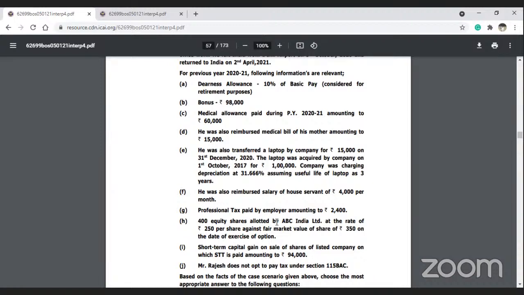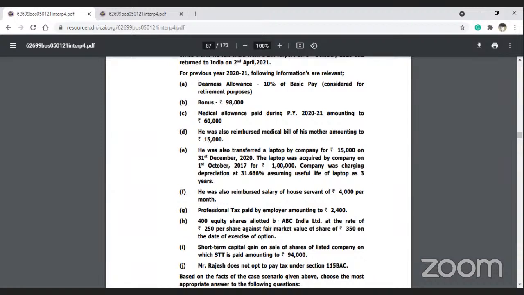Okay, professional tax is a liability of the employee, no? So for the computer calculation, we will not take this figure as 31.666% rate. We take the one given by the Income Tax Act, that is 50%. They have asked for WDV.